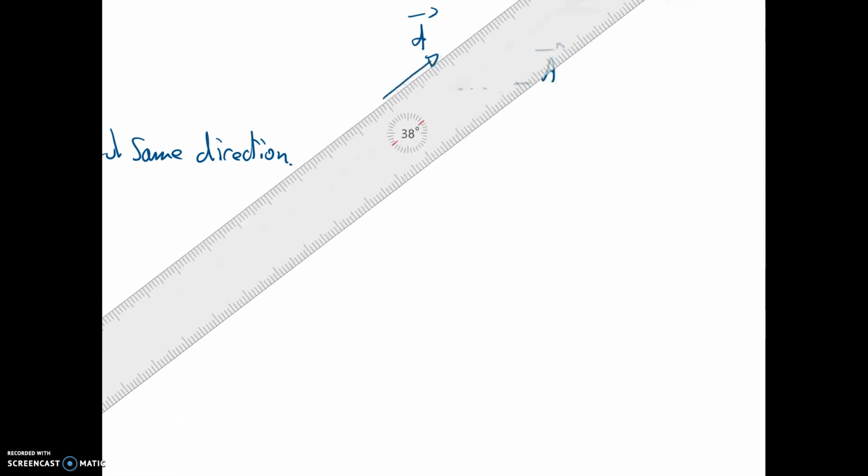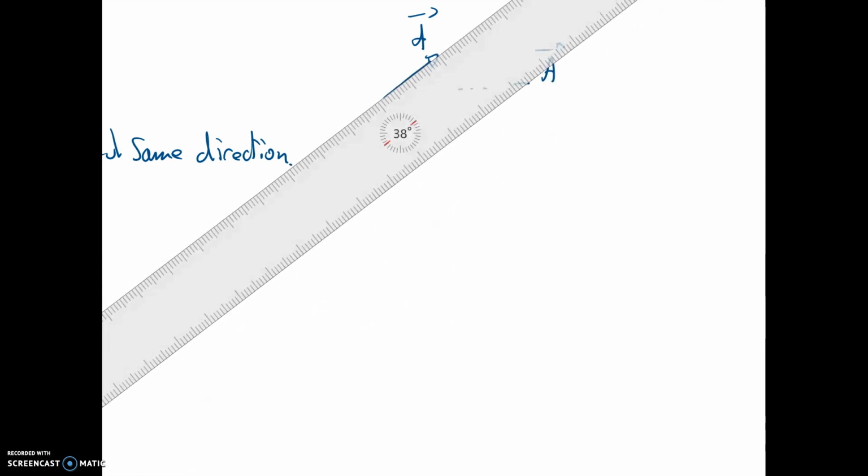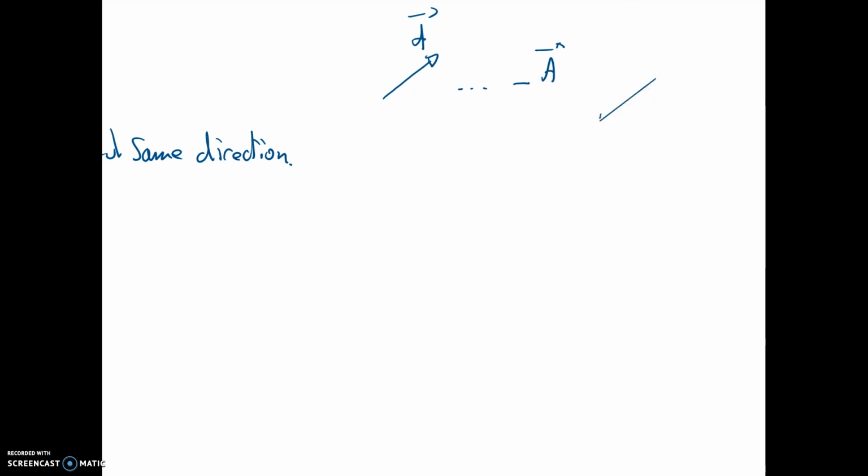So right now my vector is, let's say, almost 2 inches, so 2 centimeters or something approximately like this. All right, this is negative A. Opposite direction, but same magnitude.